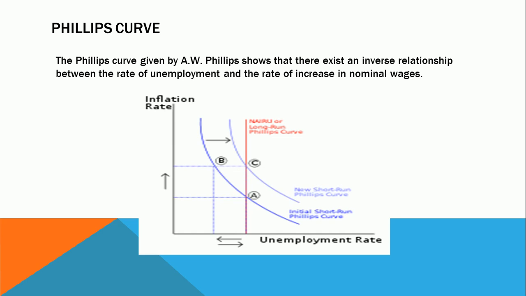And as you can see, they say that there is an inverse relationship between unemployment rate and inflation, which says that when we have to decrease unemployment, there will be a rise in the inflation rate.